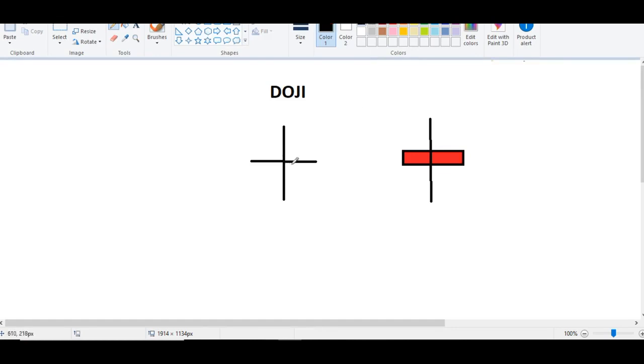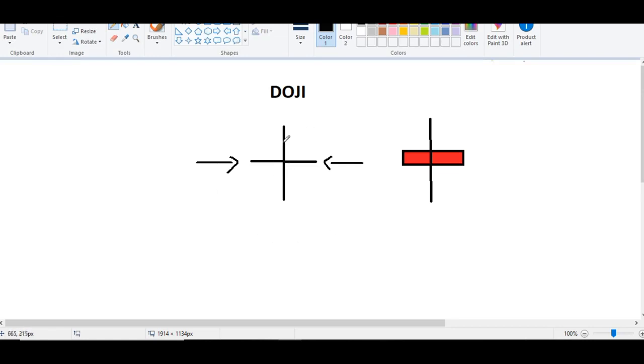Now the reason it looks like a plus sign is because the opening price is the same as the closing price, right? They're identical, or the opening price is very close to the closing price, and that's why they look like a plus sign. So the basic definition of a doji is that the body is equidistant from the high and the low, means it's right in the center.